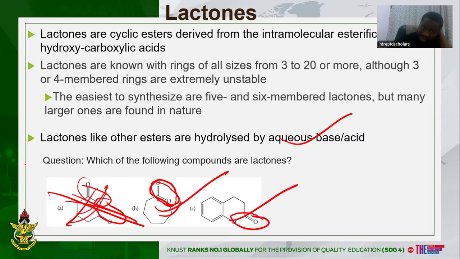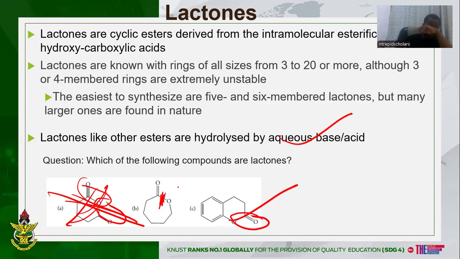Right. Now, what I wanted to talk about: if you have a lactone like this, in aqueous, acidic or basic solution, what will happen is that this ring can break again. It can break so that you can have your open chain, with the normal carboxyl group and the normal hydroxyl group.